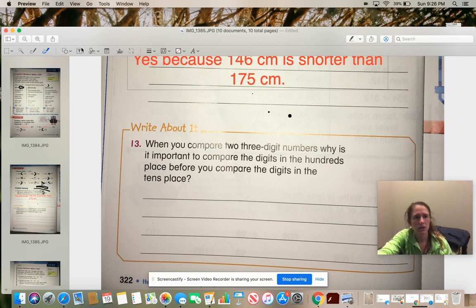Because those digits in the hundreds place are worth the most. Like 345. You don't have to write this down. I'm just using it to explain. So the 3 in the 345, this 3 means 300. 300 is way bigger than the 4 or 40.